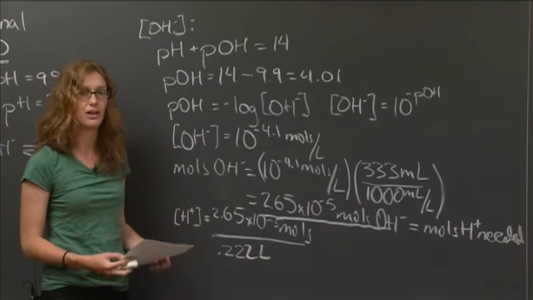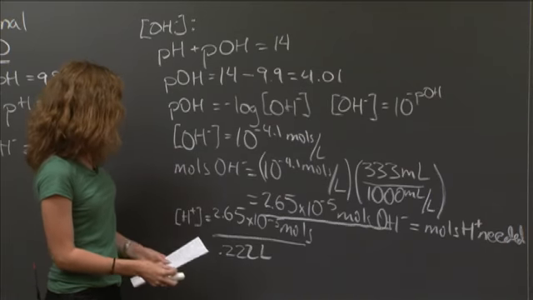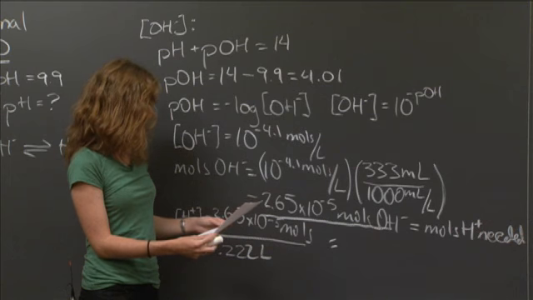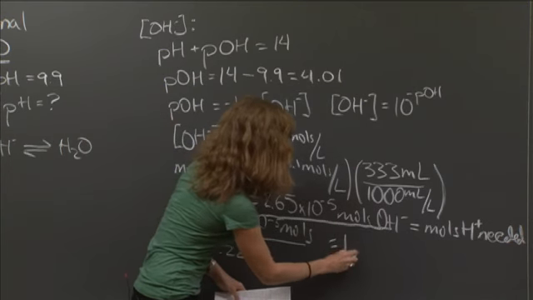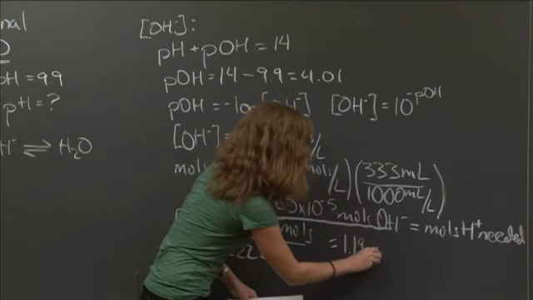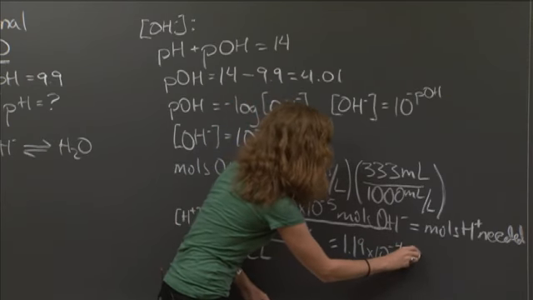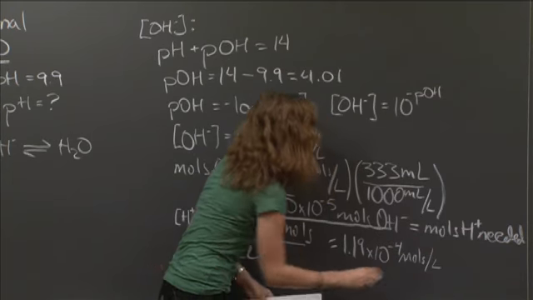Because we divide by 1,000 to convert from milliliters. And that equals 1.19 times 10 to the negative 4 moles per liter.